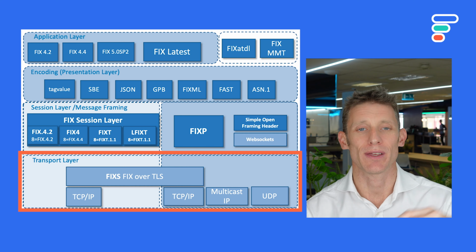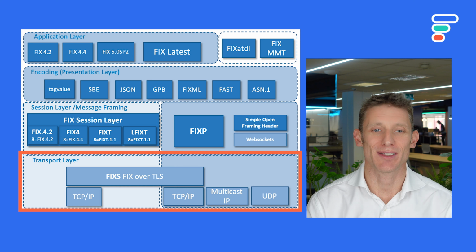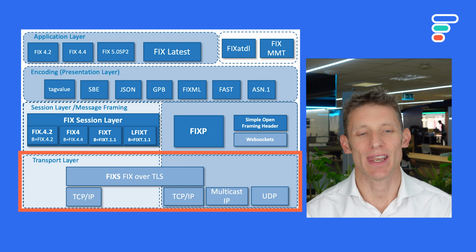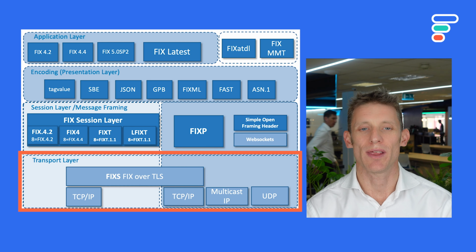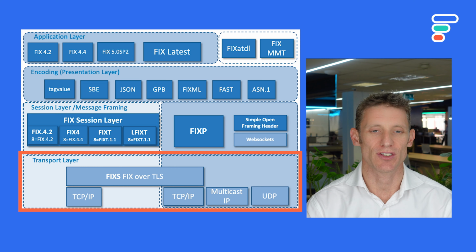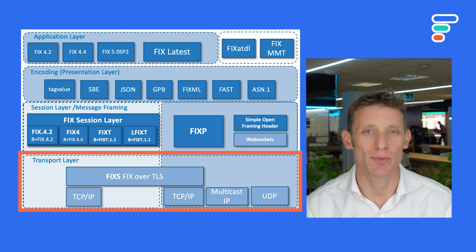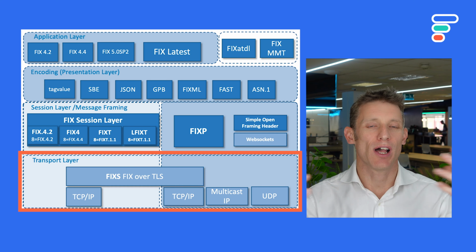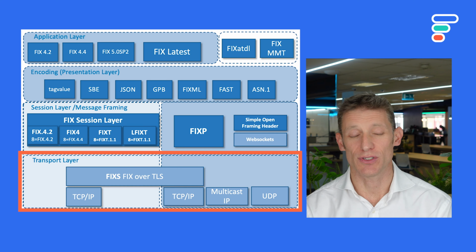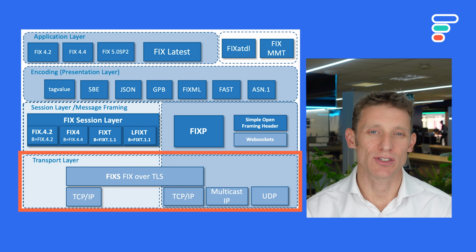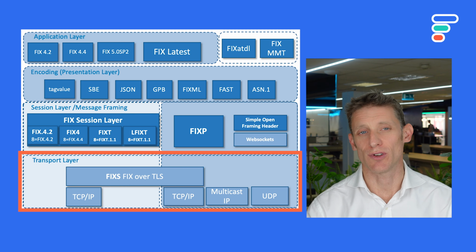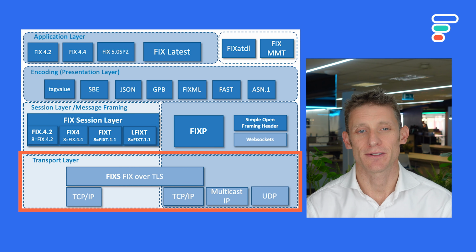So I'm sending something to Rob over there, and Rob's going to send something back to me, and that's a TCP/IP connection. It's the traditional way that most point-to-point connections have been done. There's also multicast. So I am broadcasting something to a lot of participants all at once. So that's multicast, or UDP. Obviously, it's suitable for things like market data. It's not really suitable for one-to-one connections.